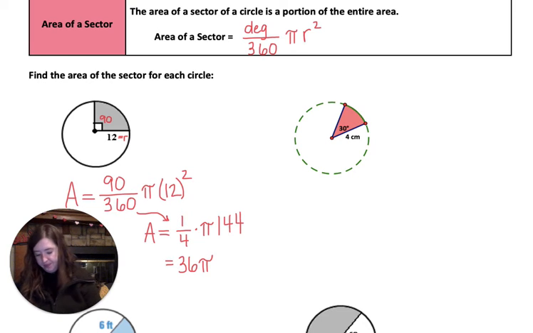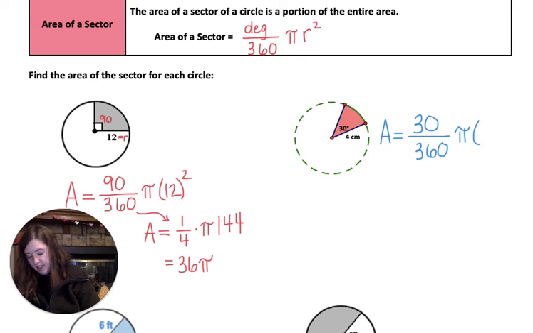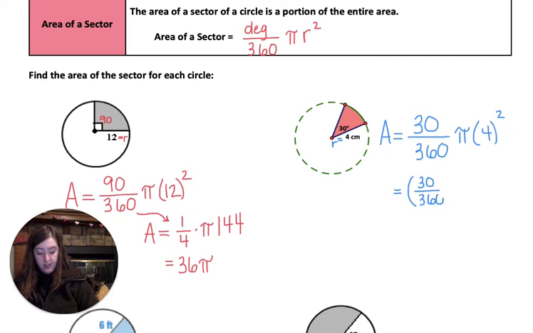Let's look at this next one. Now, this one is not so easy to say how much of a circle it is. So we'll have to go based off of our formula. The degree measure that they give me in there is 30 degrees over 360 times pi times the radius in there, which is 4, squared. So here's what I would do if I were you. In my calculator, I would have 30 over 360.